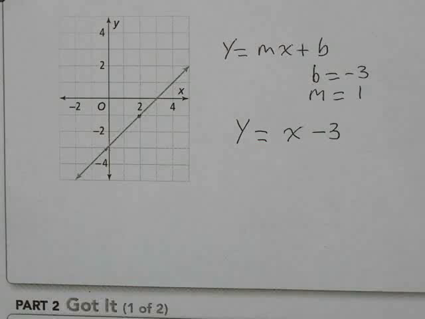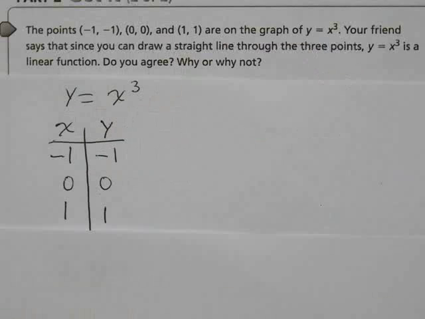All right. I'm going to pause for another moment and move on to another problem. In this problem, I'm given a set of points. The ordered pairs are -1, -1, 0, 0, and 1, 1. And they're on a graph of y equals x cubed, so x to the third power.